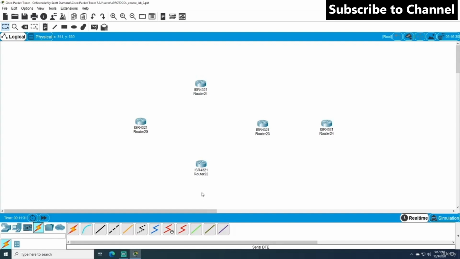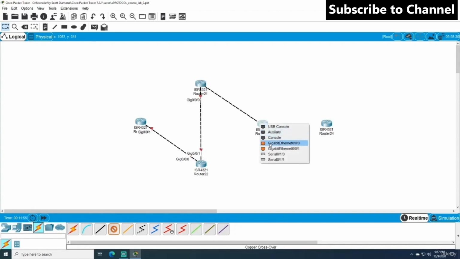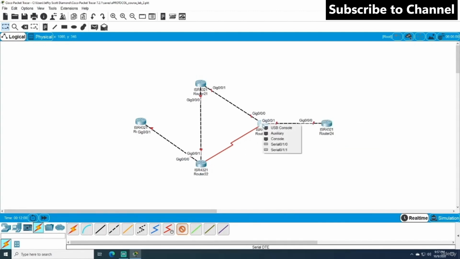Now we are ready to connect our devices. And that looks good.